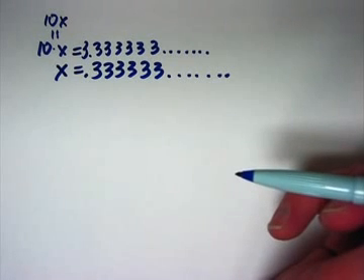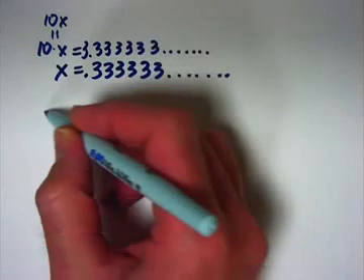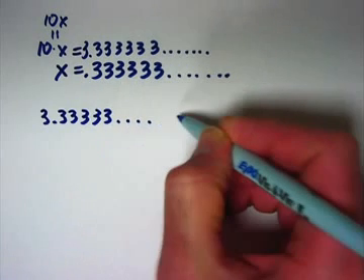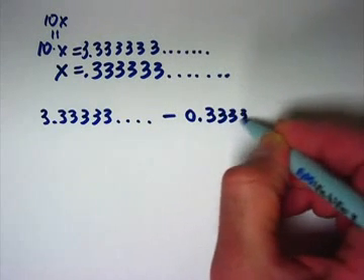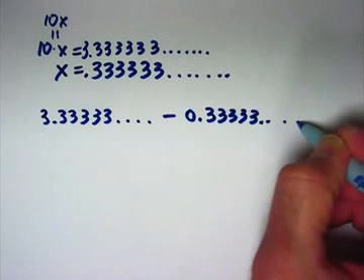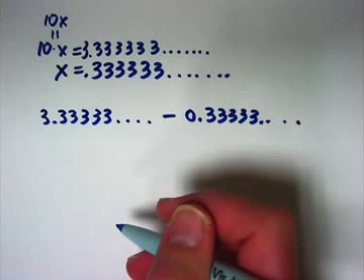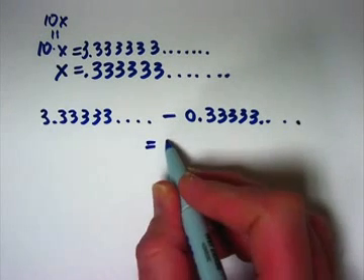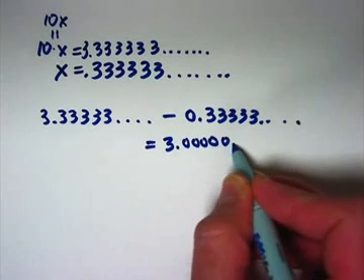That would mean if I subtracted these numbers, that those would all go away. 3.333 repeating minus 0.333 repeating. All the 3's after the decimal are going to convert to 0 when I do the subtraction. This is going to equal 3, or 3.000 repeating if you prefer.